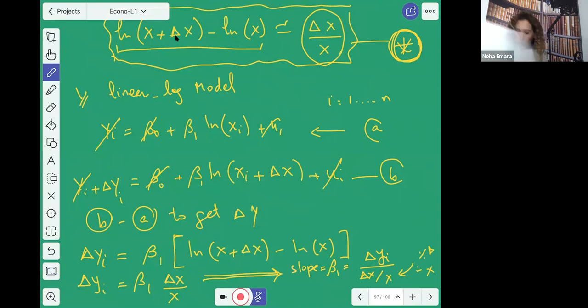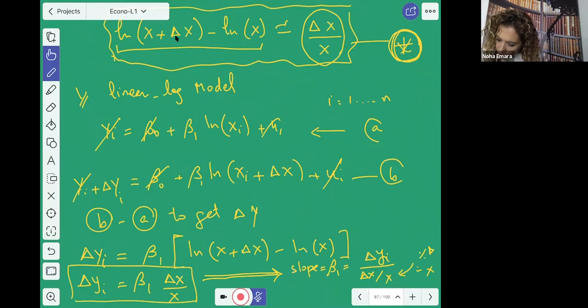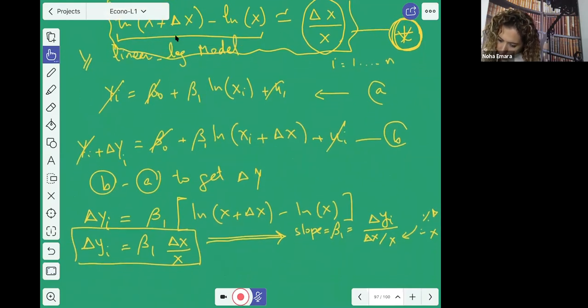Let me give you an example. Or I want you to just make one final note. Suppose that x changes by 1 unit, because every time we use a 1 unit change, we keep saying it's a small change, so let's make it 1 unit. If x changes by 1 unit and it is in percent, then it's 1%.